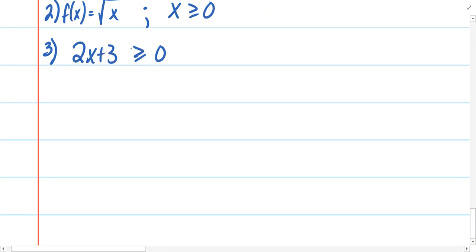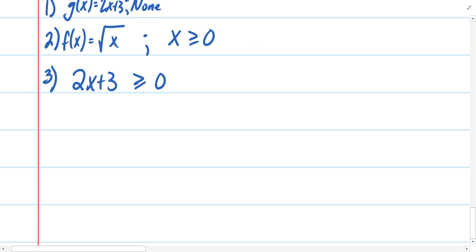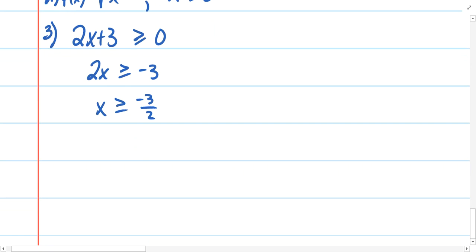If 2x plus 3 must be greater than or equal to 0 in accordance with the combination of step 1 and step 2, then we could subtract 3 from both sides of this inequality, and that's fine. And then divide by 2, and we would see that x must be greater than or equal to negative 3 divided by 2, or negative 3 halves.